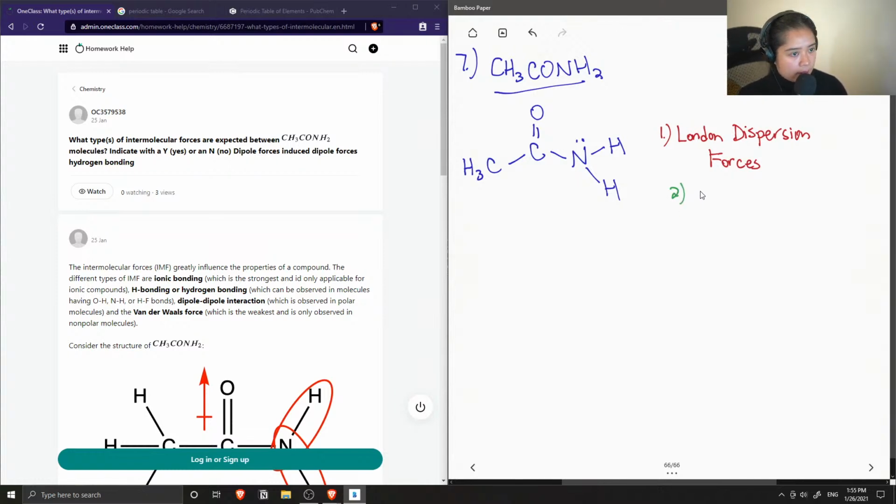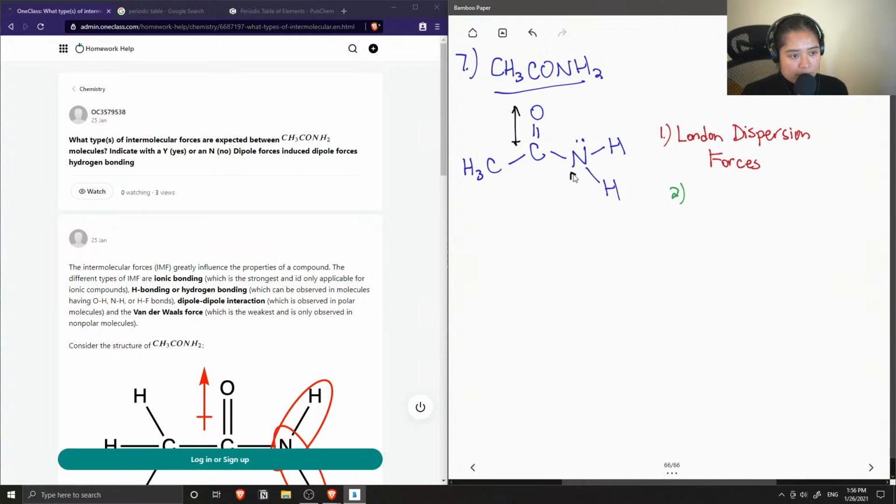And if we look at the structure of our molecule, you'll see that the carbon is bonded with an electronegative oxygen. So we can draw a dipole moment going towards the oxygen. And we have nitrogen that is also more electronegative than our hydrogens.